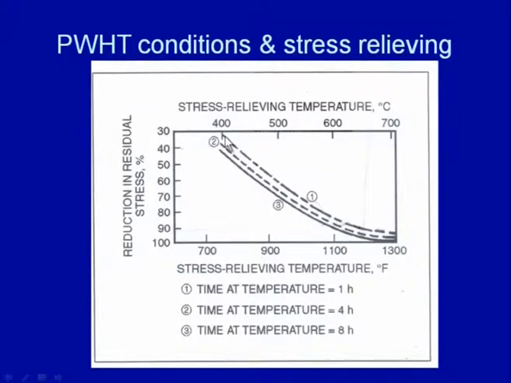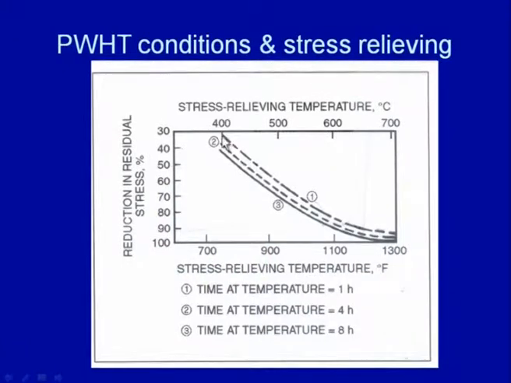So, if we see, 1 hour exposure at 400 degree centigrade reduces the residual stresses by say 30%, but if the exposure is given at, say, 700 degree centigrade for 1 hour, then it will be reducing more than 90% of the residual stresses. Further, in this diagram, exposure at a given temperature for a longer duration increases the relieving of the residual stresses.